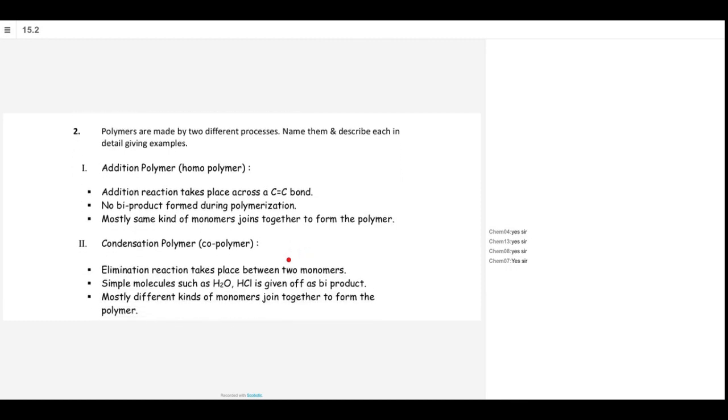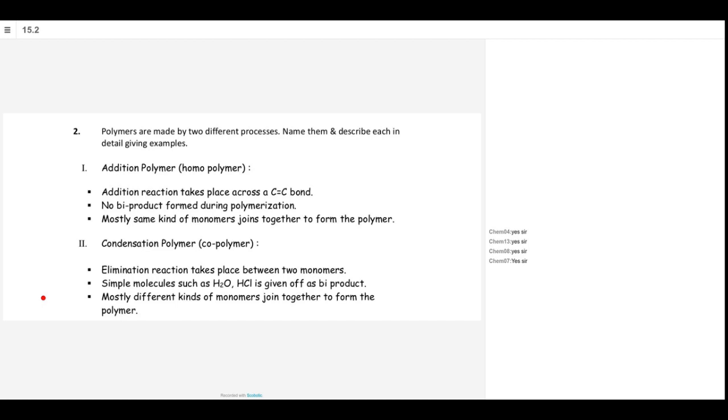The classification of polymers as addition and condensation is based on the type of reaction which takes place during the polymerization. In an addition polymer, it is an addition reaction, where across the carbon-carbon double bonds the monomers are combined together.